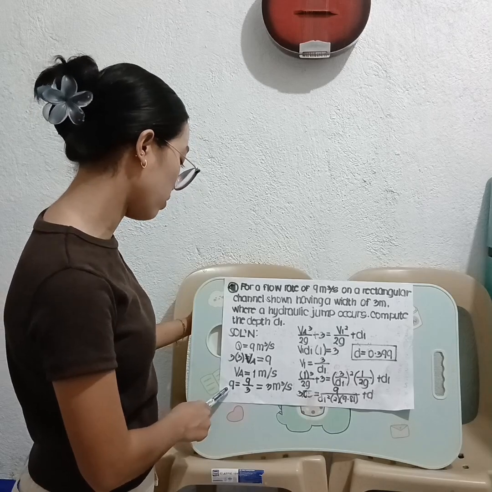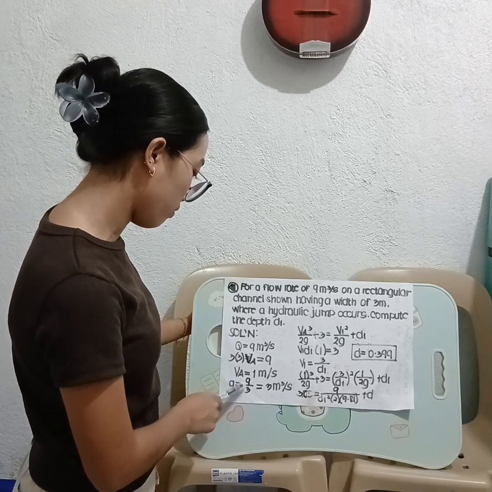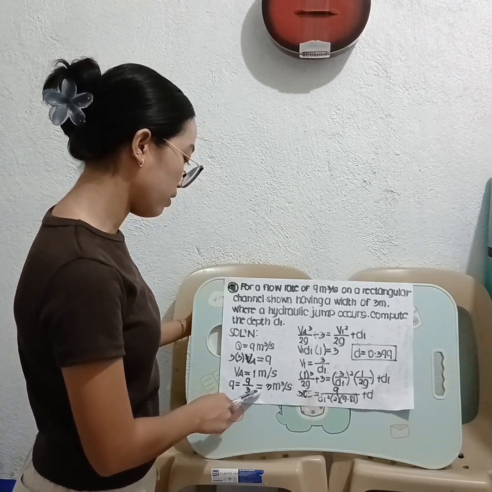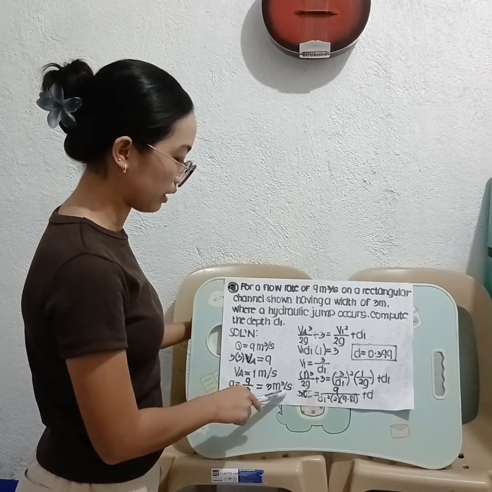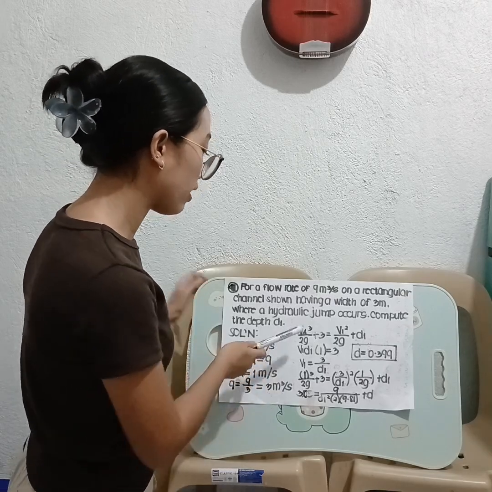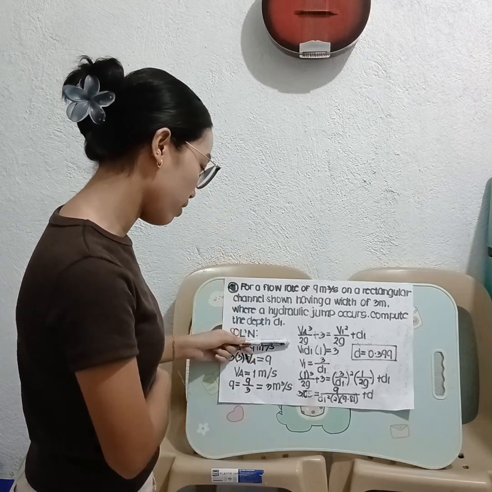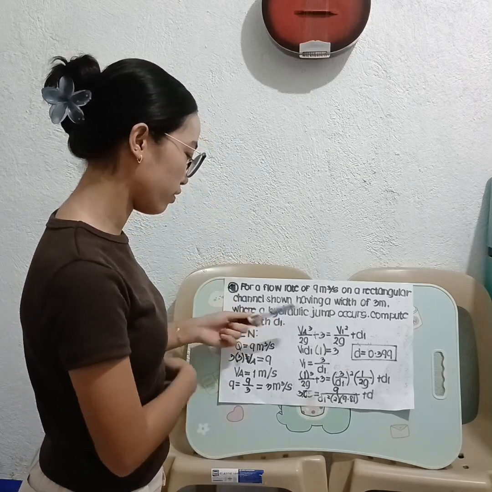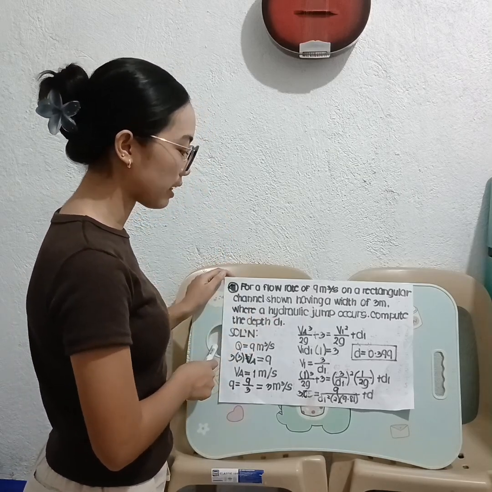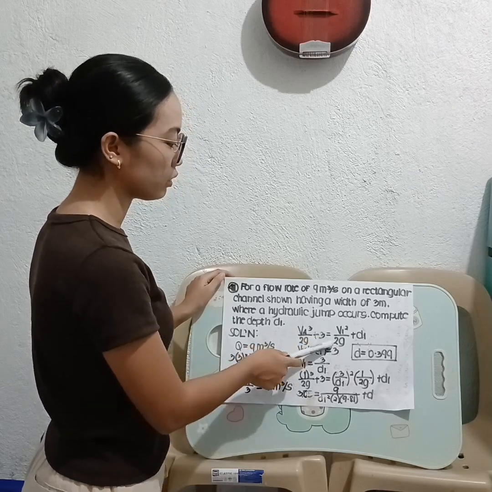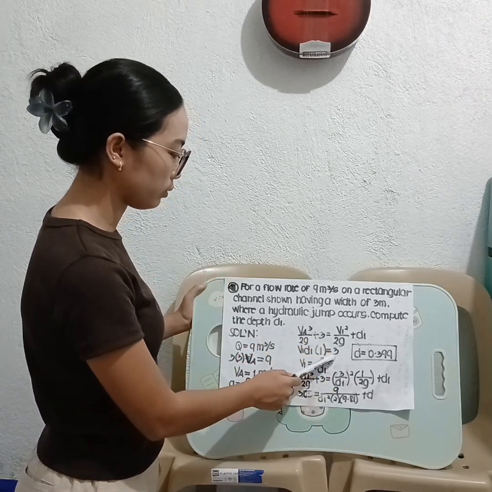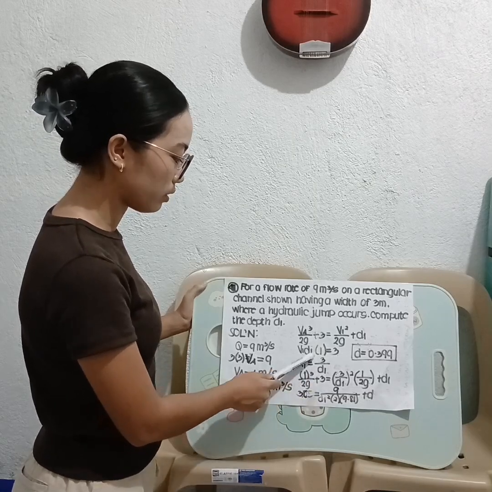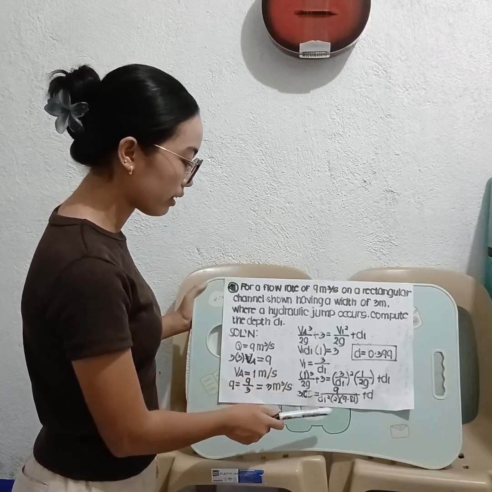Next is q equal to 9 over 3. We have 3 cubic meters per second per meter. Then use this formula, which is V cubed over 2g plus 3 is equal to V squared over 2g plus D1. So we have V1 times D1 times 1 equal to 3. V1 is equal to 3 over D1.